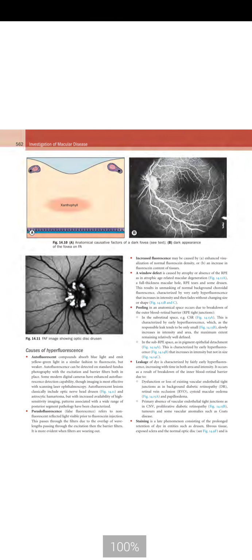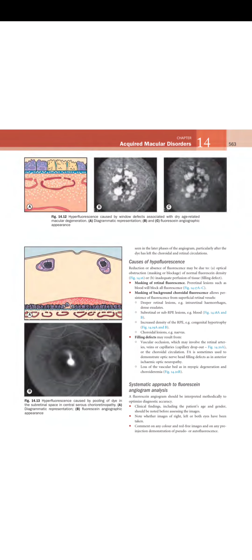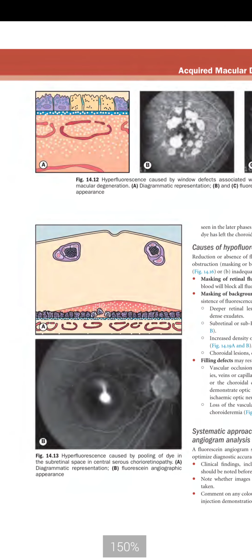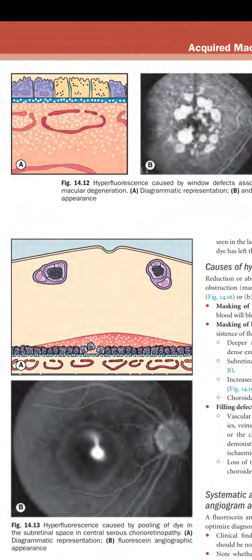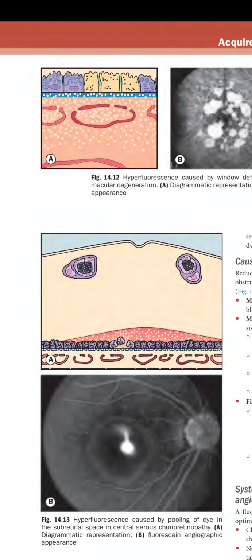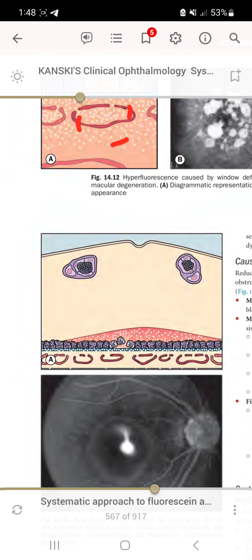We can see this in figure 14.12b and c. So this is hyperfluorescence. You can see that there is an atrophy of the retinal pigment epithelium at that site, and you can see the background choroidal fluorescence.